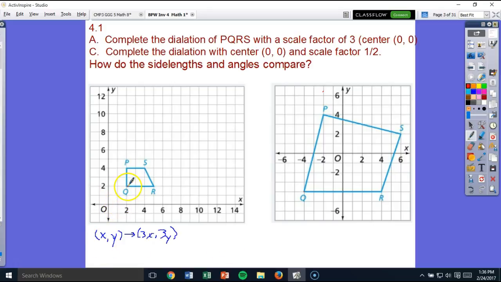Right now, point Q is at (2, 2). So if we're going to (3x, 3y), that means point Q has to go to (6, 6), and so that point would be here.